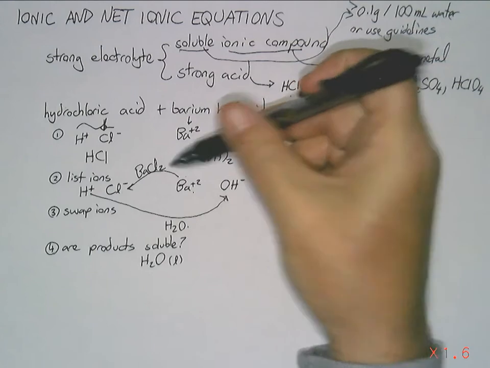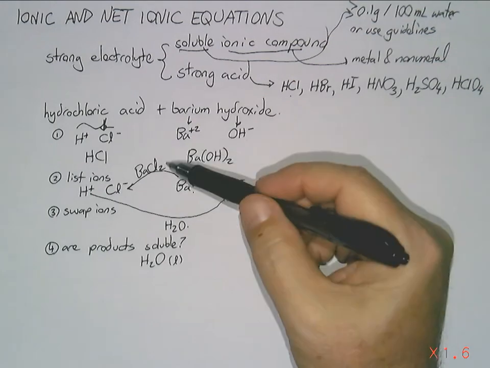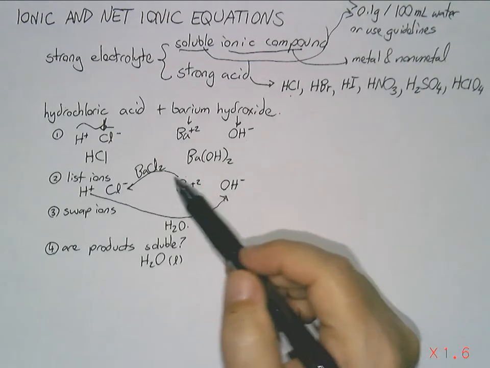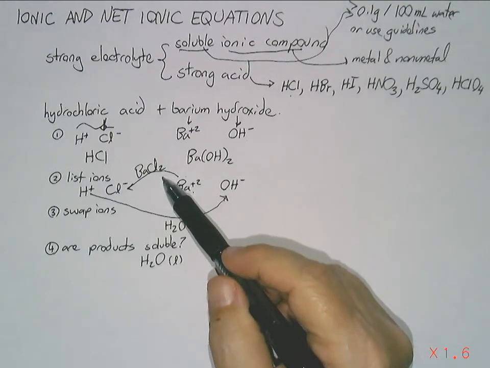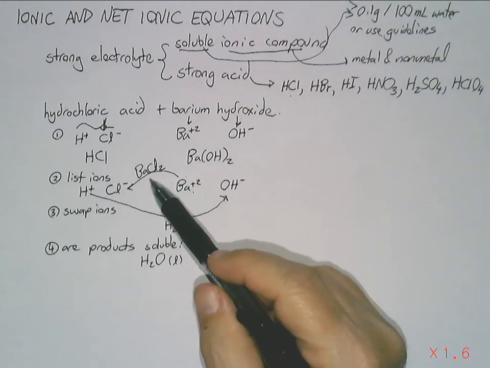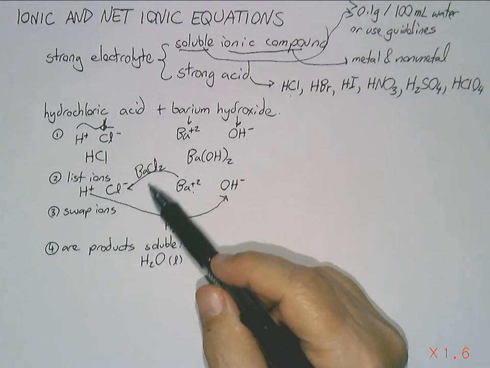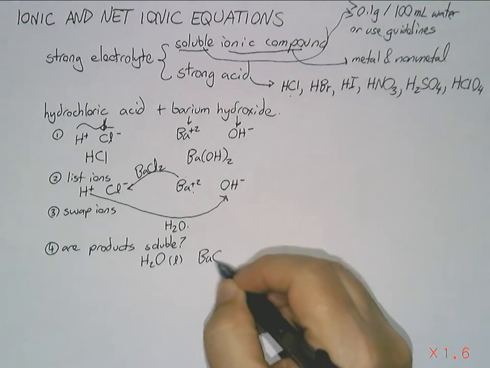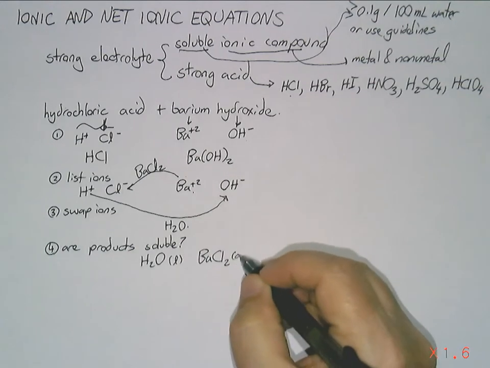Now how about barium chloride? If I look up the solubility, it will be bigger than 0.1 grams per 100 milliliters. And if I look at the solubility guidelines, it says chlorides, bromides, and iodides are soluble, unless you combine them with silver, mercury, or lead. And we don't have silver, mercury, or lead here, so this will be soluble. So that means that I can write that.